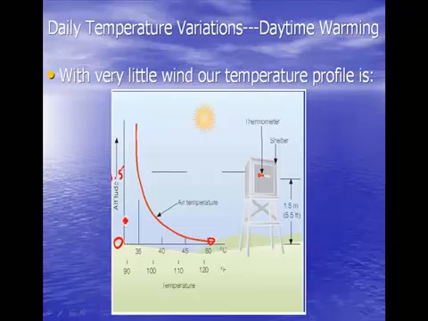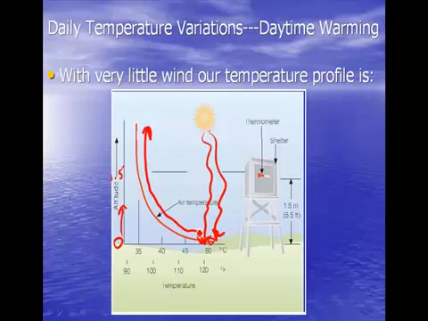As we go up in altitude, what do you notice? Well, you notice temperature decreasing. Okay? And we would expect that with the incoming solar radiation heating the Earth's surface.